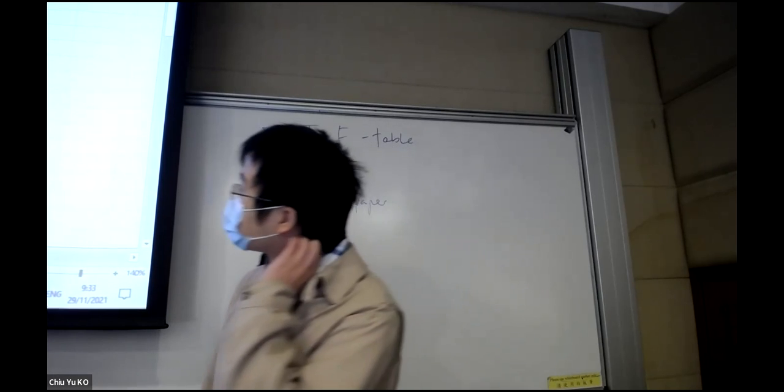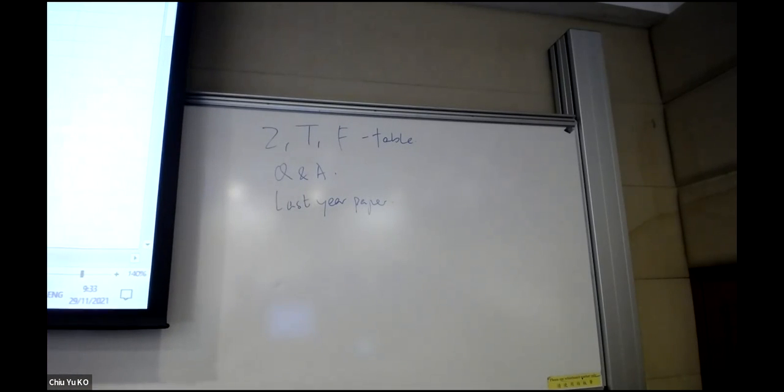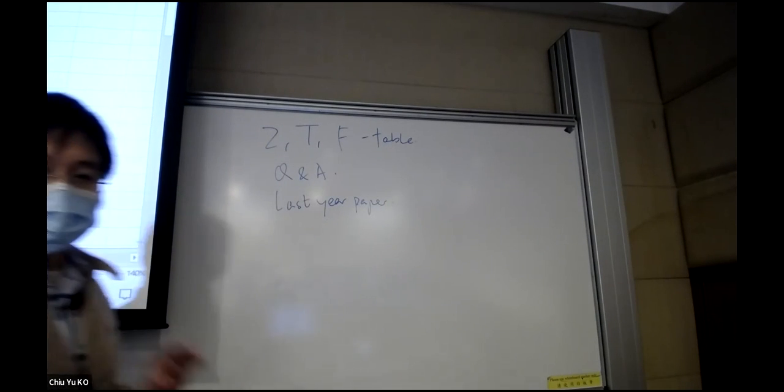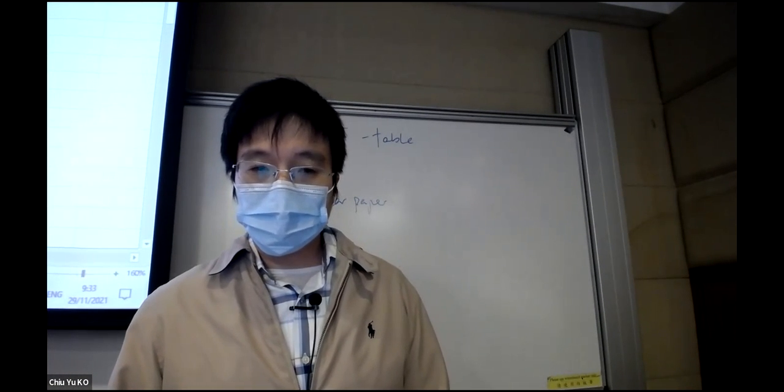So how to create it? Basically just adding the column and the row will be the entry on that one. That is the Z table.